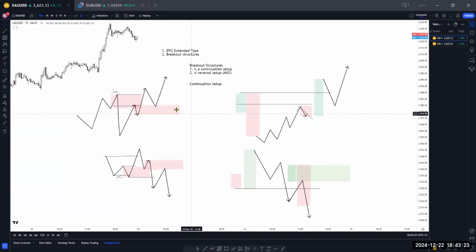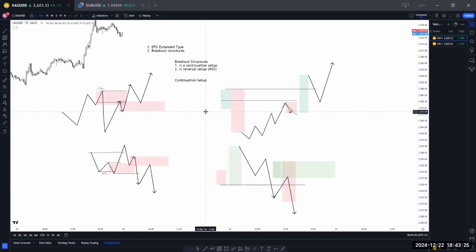let me give you guys a hint, right? When I come to the market as a trader, I come with an open mind. I don't come with preconceived notions. So if I don't see something, I don't see it. It's not as though you'll be looking for, oh, where's the breakout structure?